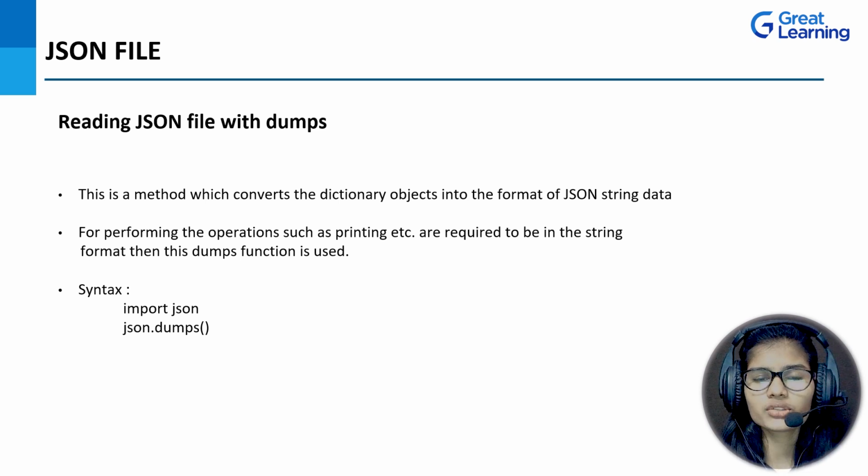Let's say you want to perform an operation like printing. In that case, the data you have in a JSON file shall be in string format, so dumps is the function used. The syntax is again the same: import the json library and then write json.dumps. Hope I am very much clear with that.